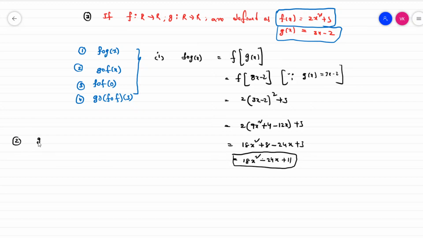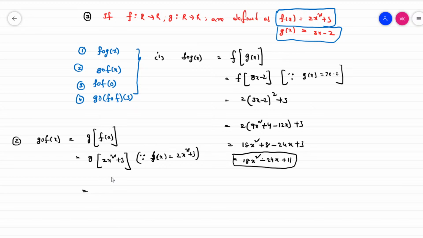Here I have to find g circle f of x. We can write it as g of f of x. We know f of x is 2x square plus 3, so g of f of x is g of 2x square plus 3. Now go for g of x.